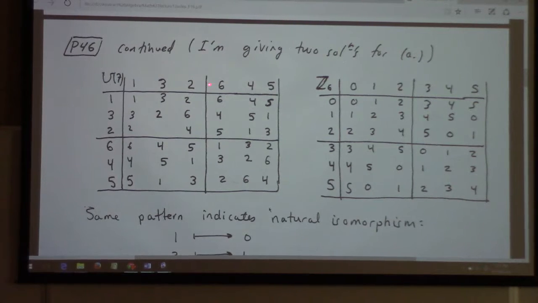Like 2 goes to 2 and 5 goes to 5, and 4 goes to 4. But the 3 becomes the 1, and the 6 becomes... Mm-hmm.